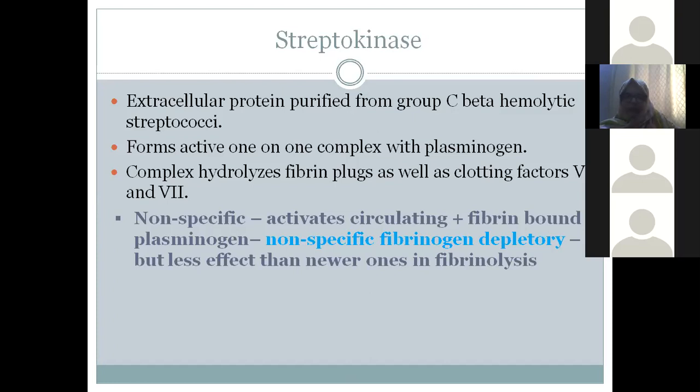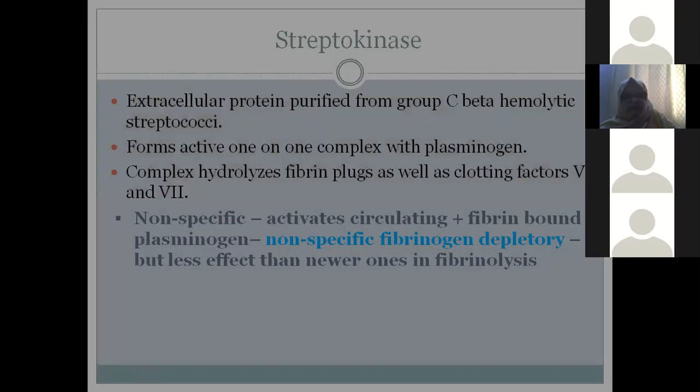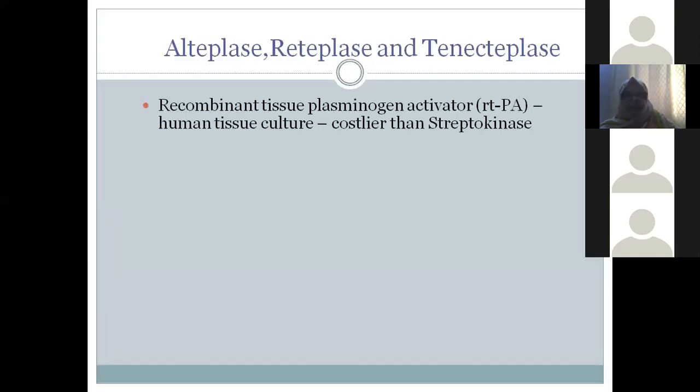It non-specifically activates circulating and fibrin-bound plasminogen, causing non-specific fibrinogen depletion, but is less effective than the newer ones in fibrinolysis. So streptokinase is less effective than alteplase, reteplase, and tenecteplase.